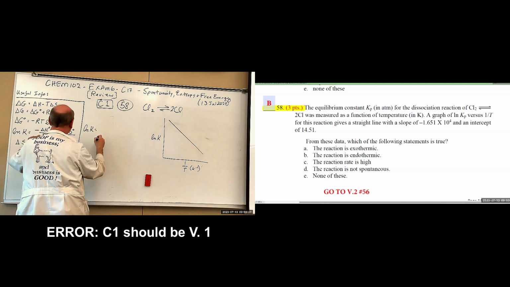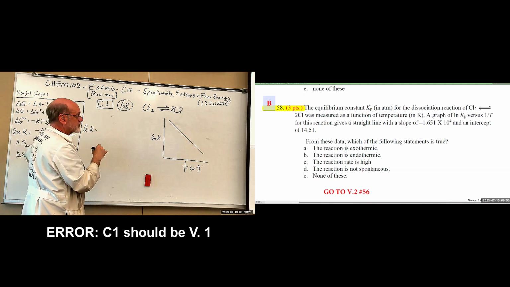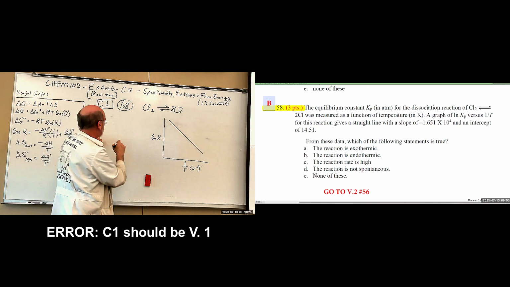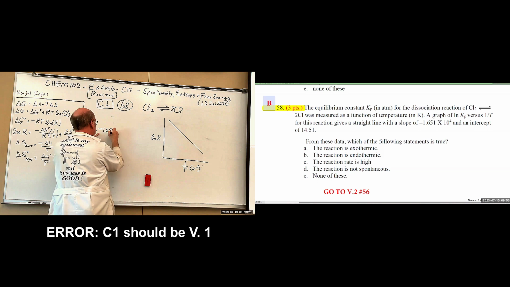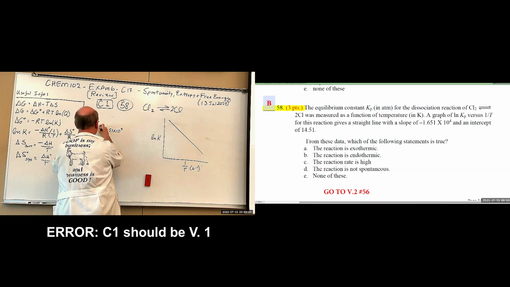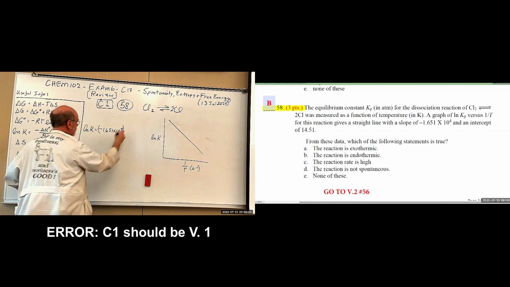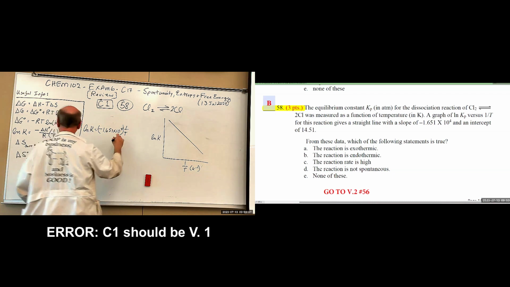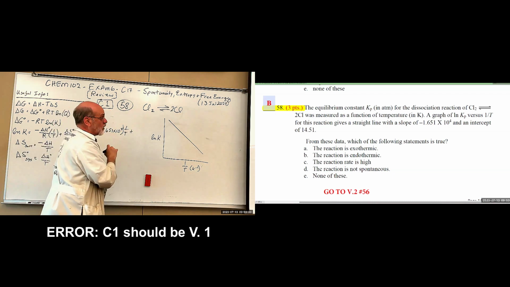log K equals, with a negative slope, negative 1.651 times 10 to the fourth, times 1 over T. And then, does it give us a y-intercept?